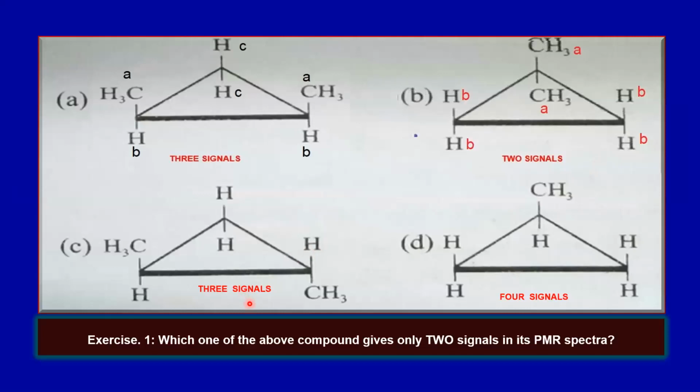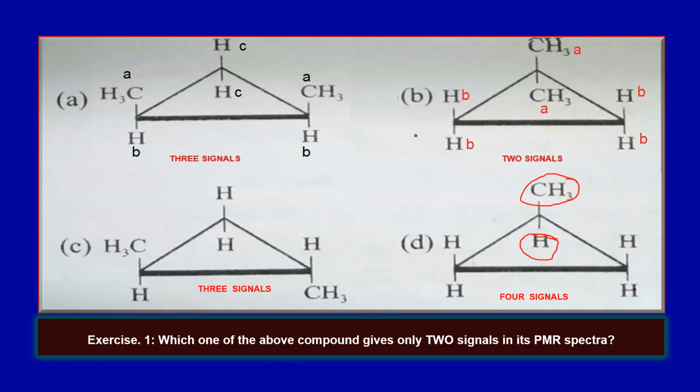So look at here again. One signal for these methyl protons, second signal for these protons, third signal for this. So 3 signals. Look at here. So one signal and second signal. So naturally, these protons are not same, these two.